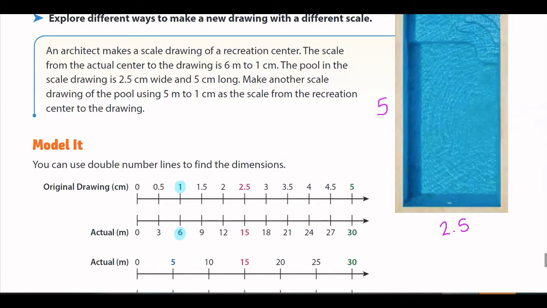And we had to do times 6 to get 15, times 6 to get 30, so it's actually 30 by 15.